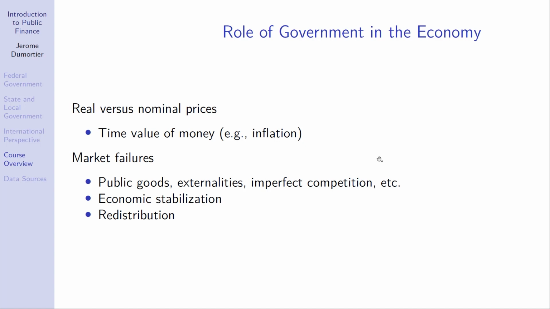Note here, and this is important, that public goods refer to a characteristic of the good, and it is not goods provided by the government. We will also see that the government is interested in economic stabilization, for example, a low inflation rate or high employment, but there are also aspects of redistribution.